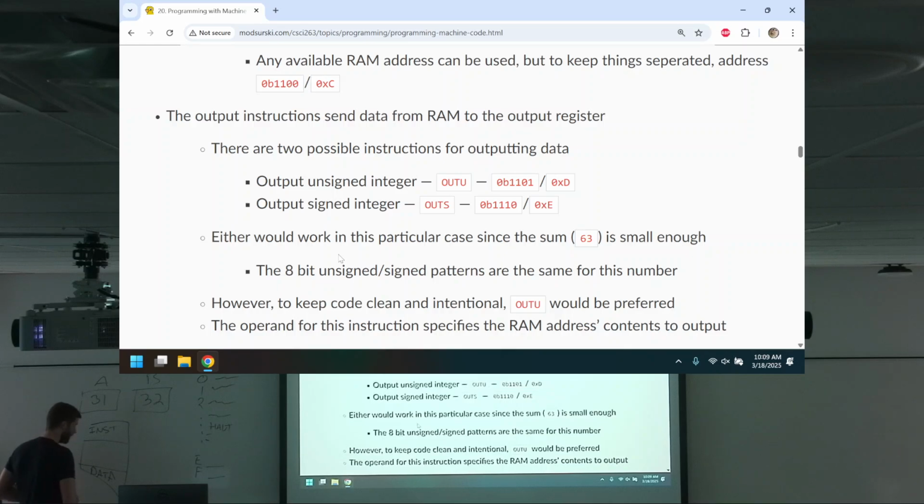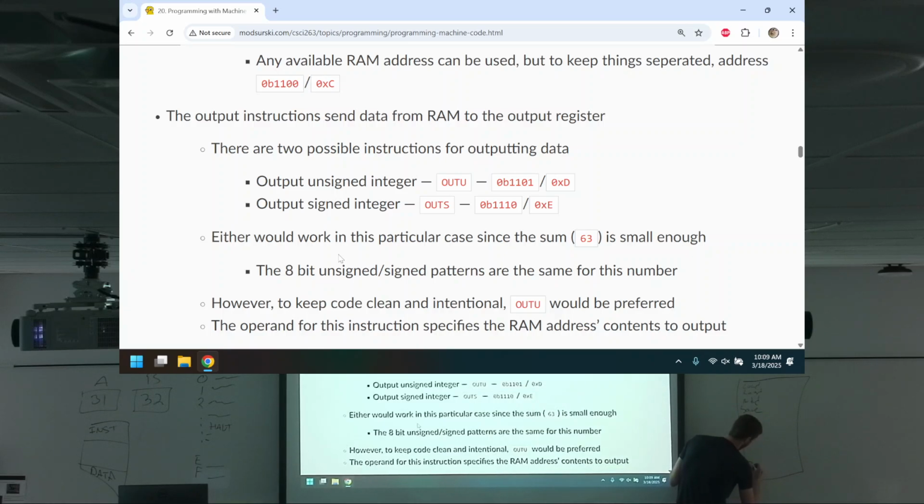All right? So again, what do we have? We have like load, add, save, right? That's what we're doing. I also down here I have 31, 32, right?